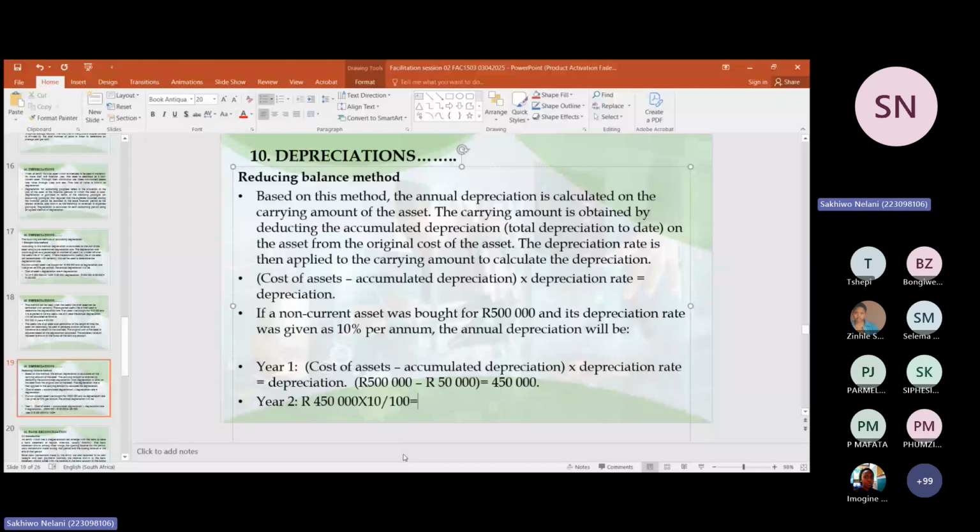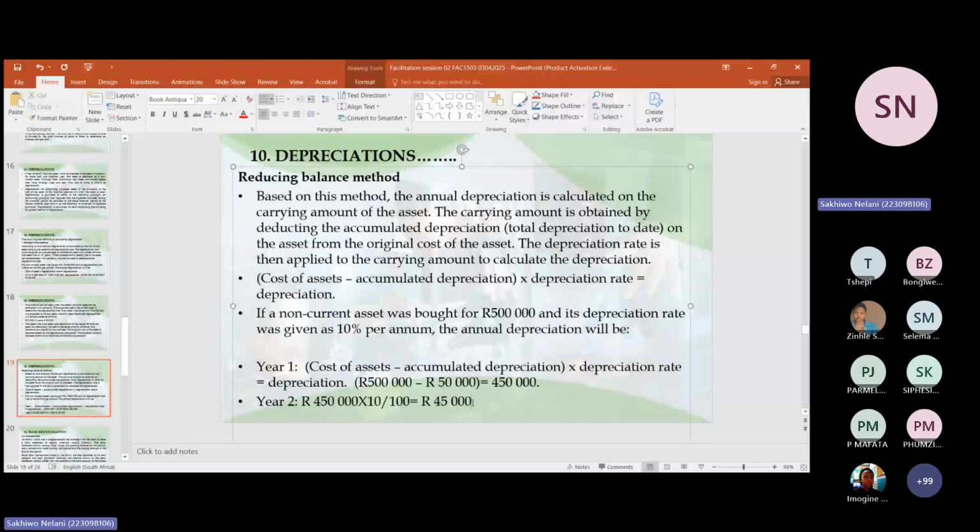I'm in agreement. So your depreciation for year 2 is 45,000. You see, it's 45,000. It means year 1, our asset has lost value at 50, year 2 at 45.